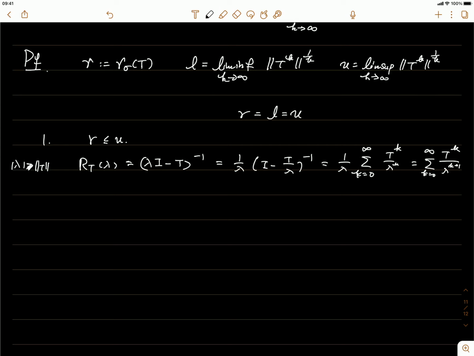And remember that this actually converges as long as the Cauchy-Hadamard criterion holds.